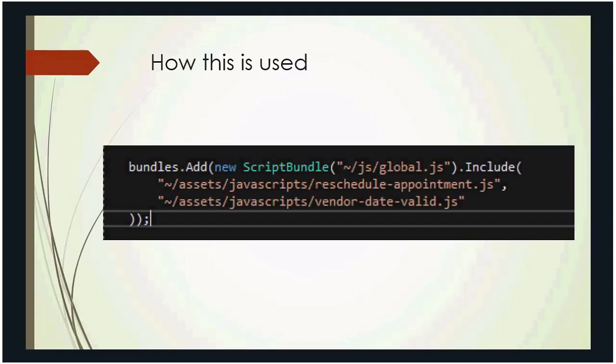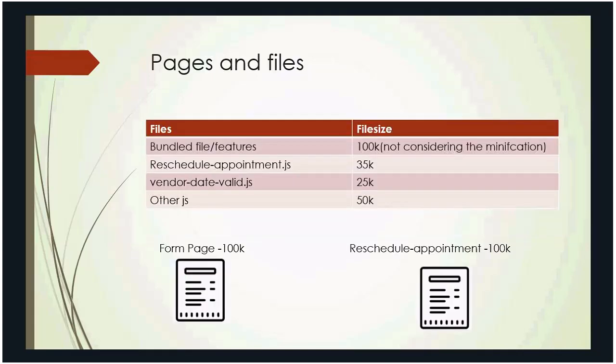As you can see in this example, we have two JavaScript files, one which is the reschedule appointment and the other the vendor date valid. The final result of those two files will be called global.js. This will be the bundle file. So, in this example, the bundle file will have around 100k, not considering the minification.